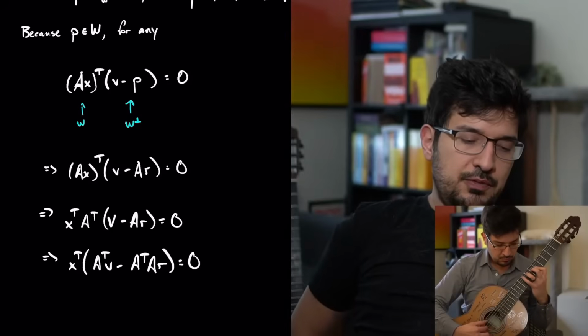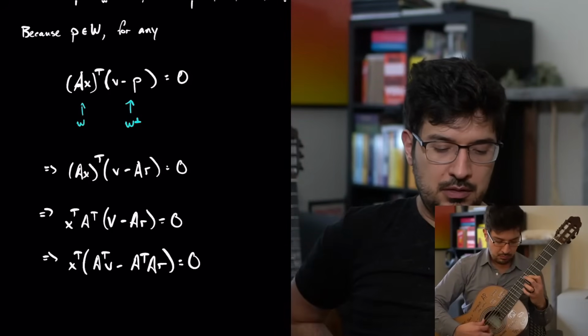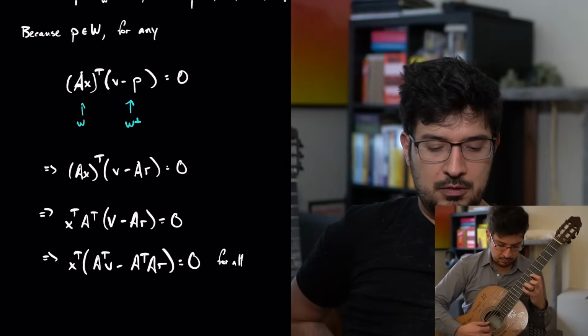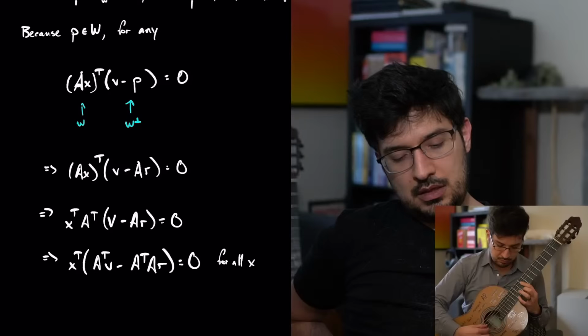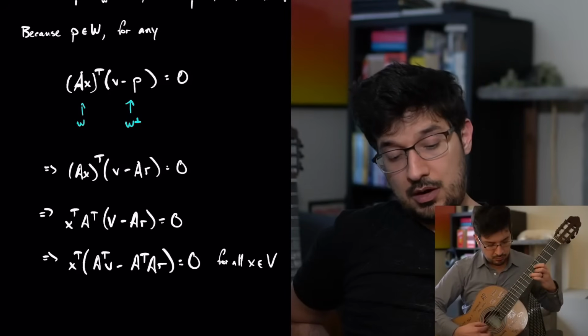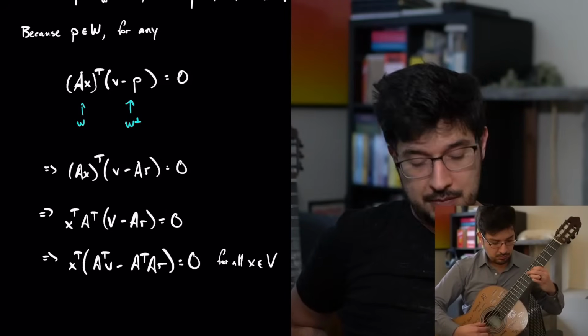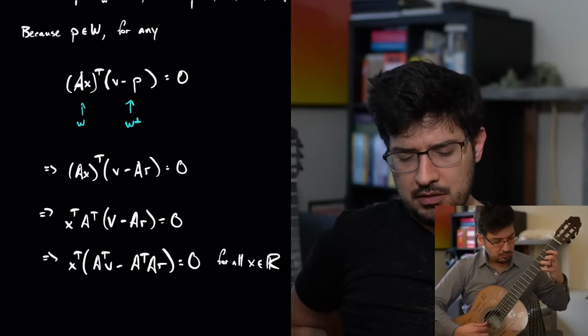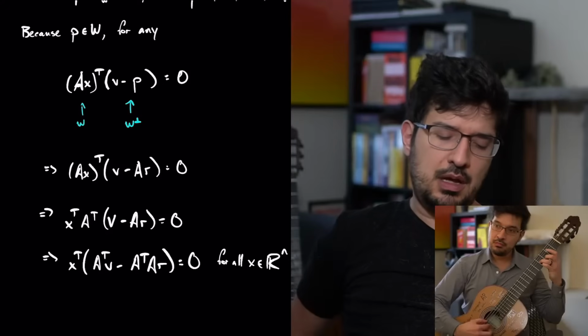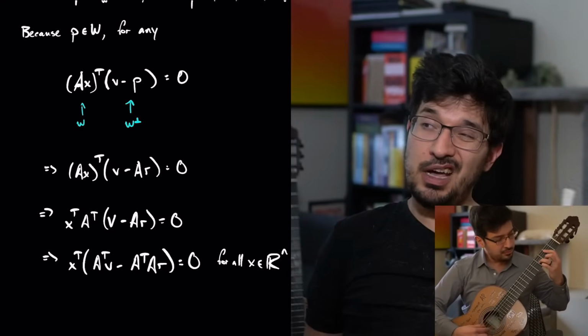And this is true for all X in Rn, or probably in the vector space V. I don't know if all this works in an arbitrary vector space or not. I imagine.